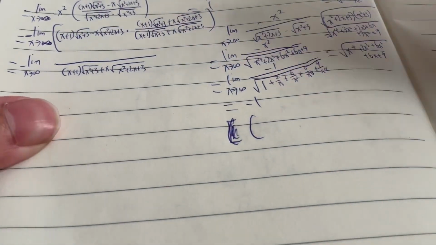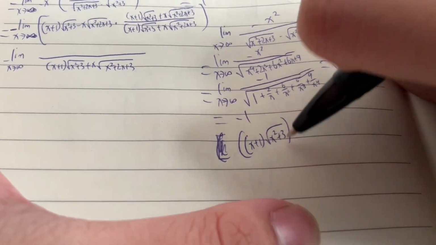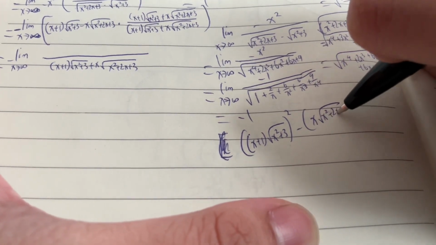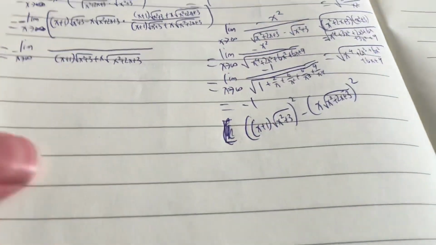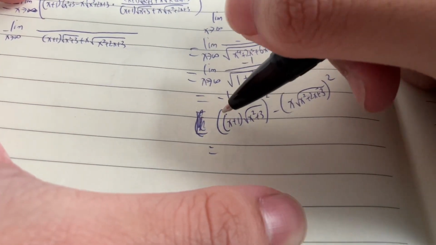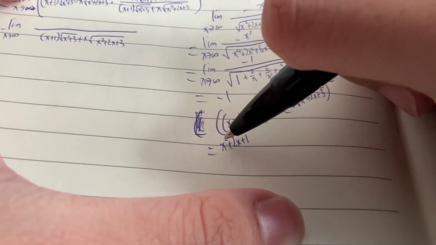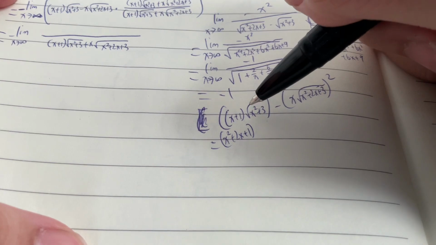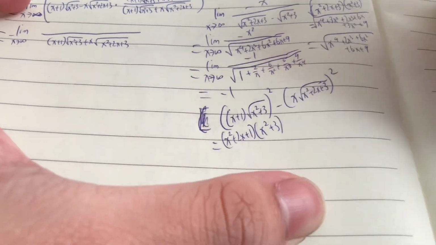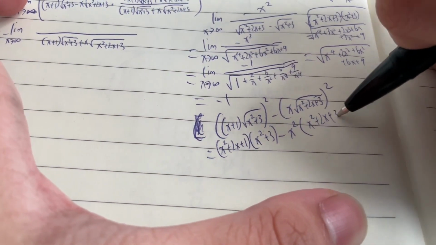Put a parenthesis here, and then x plus 1 multiplied by x squared plus 3, square, minus x times the square root of x squared plus 2x plus 3, squared. So this is really easy. You can put a square here. x plus 1 squared is equal to x squared plus 2x plus 1, and then the square root and square cancel each other out, so you get x squared plus 3 here, and then minus x squared multiplied by x squared plus 2x plus 3.